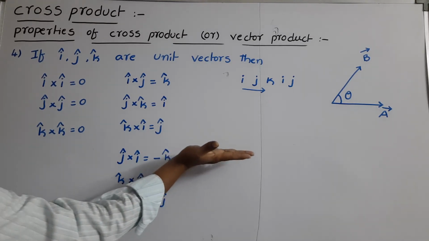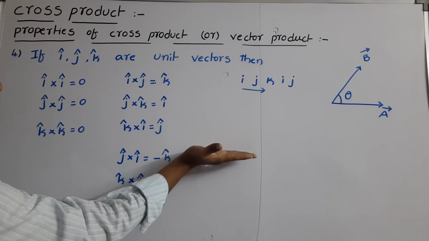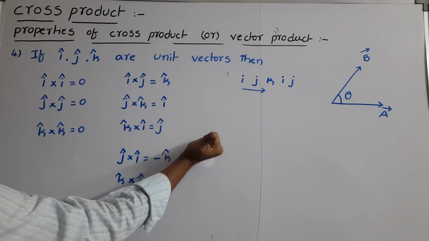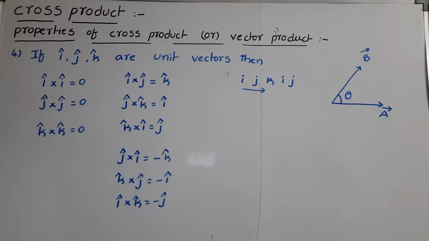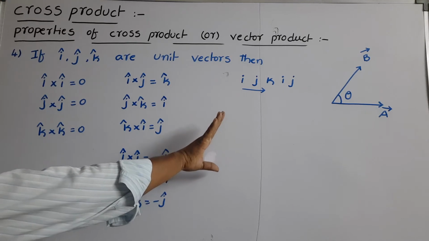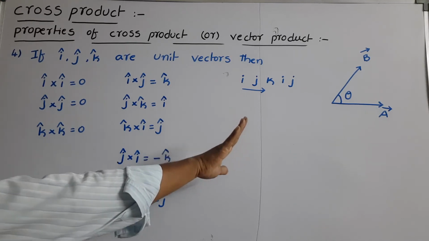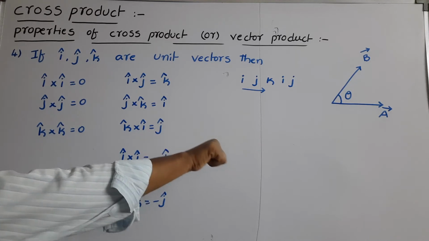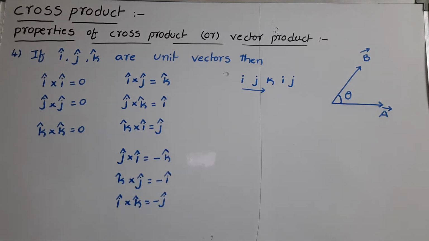Here, fingers are along A bar, curl towards B bar, then its direction is perpendicular to the board. If you reverse, going from B to A, fingers placed along the direction of B bar and curl towards A bar, then the thumb is inside the board. So A bar cross B bar and B bar cross A bar, the resultants are opposite in direction, equal in magnitude.